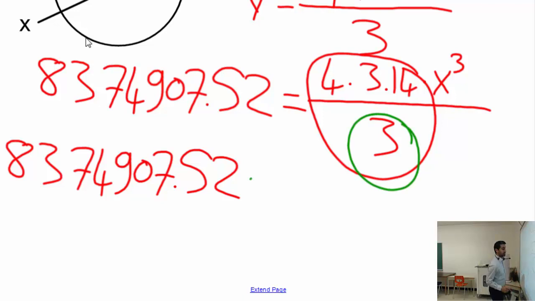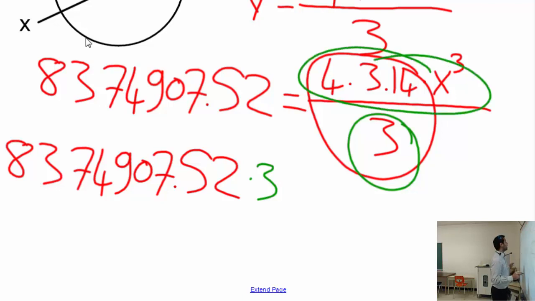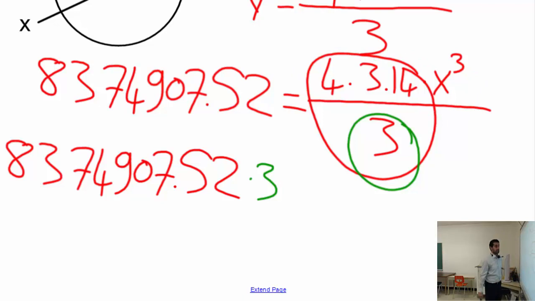So it's going to be times 3. And whatever number I have there, 4 times 3.14, I can multiply them, but I just want to keep them the way they are. I'm going to send them to the other side as a division. Why division? Because multiplication is happening here.